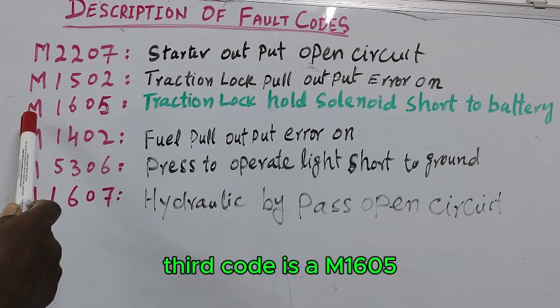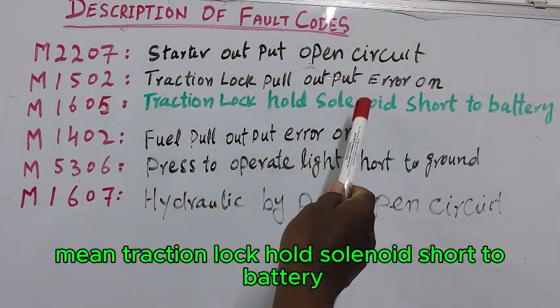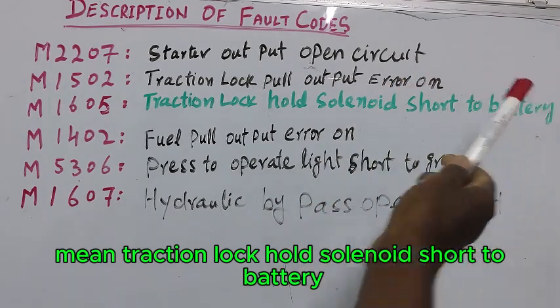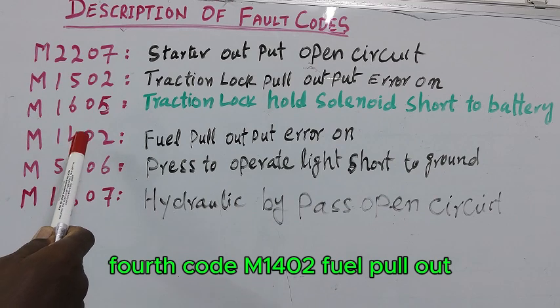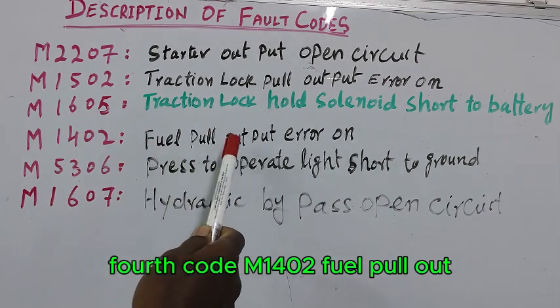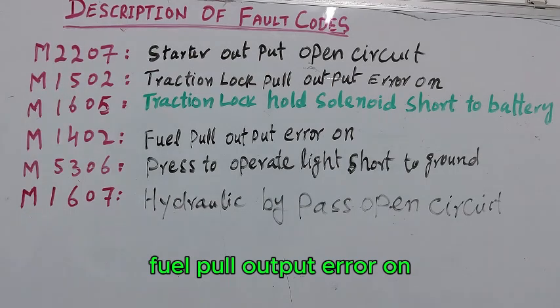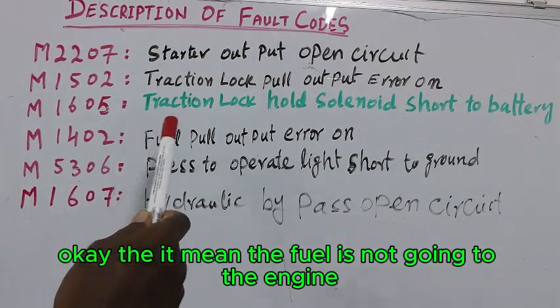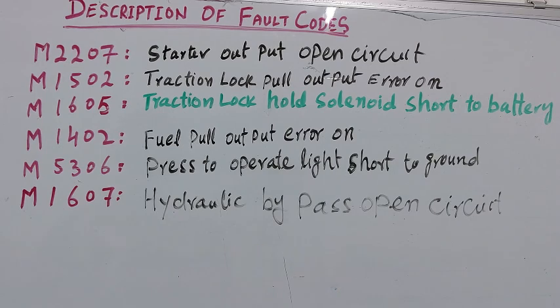Third code is M1605, which means traction lock hold solenoid short to battery. Fourth code, M1402, fuel pull output error on. Okay, it means the fuel is not going to the engine.